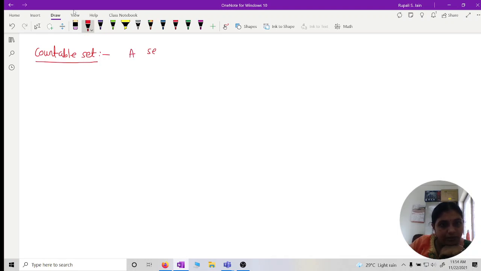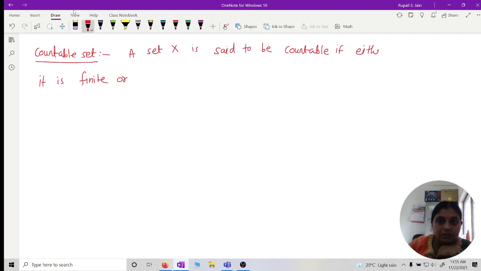A set X is said to be countable if it is finite, or equivalent to which set? The set of natural numbers. Equivalent to the set of natural numbers.